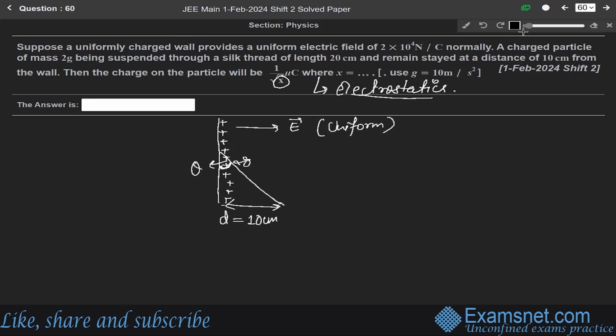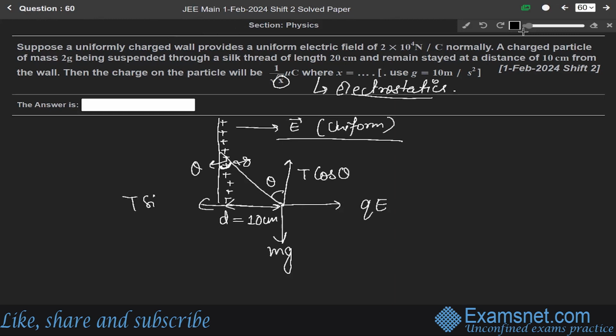Now when we resolve this, the force QE is acting in this direction due to this uniform electric field, and the downward force mg is acting in this direction. T cos theta will act in this direction and T sin theta will act in this direction.